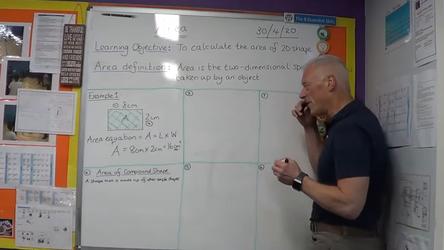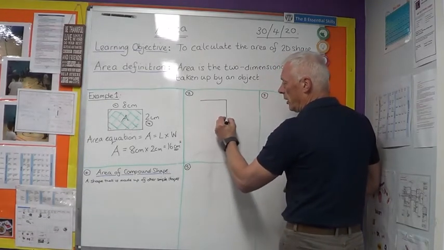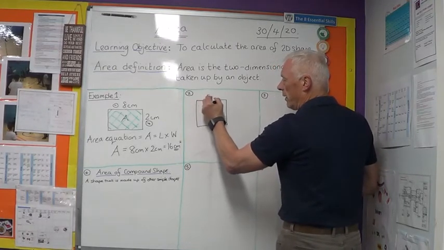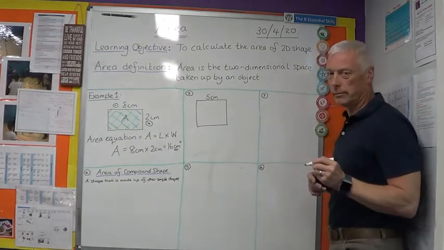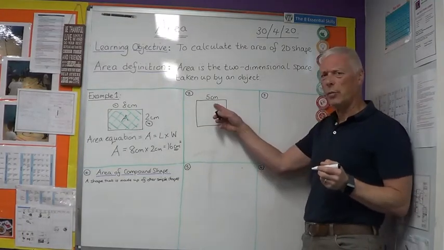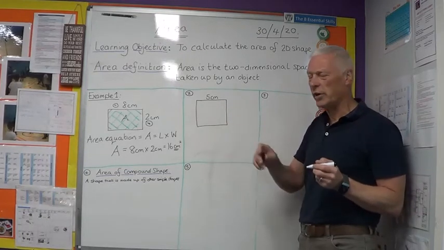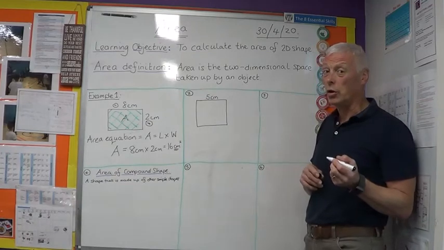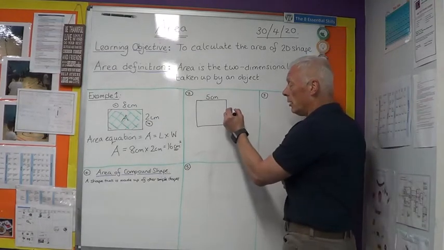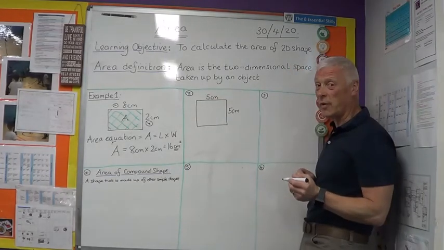If I give you another example, this time we will have a big square, and I'm going to give that 5 centimetres. If it's a square, why do I only have to put 5 centimetres on the top? And how will you be able to work out the others? Because all the measurements on a square are the same. So each one is 5 centimetres round.